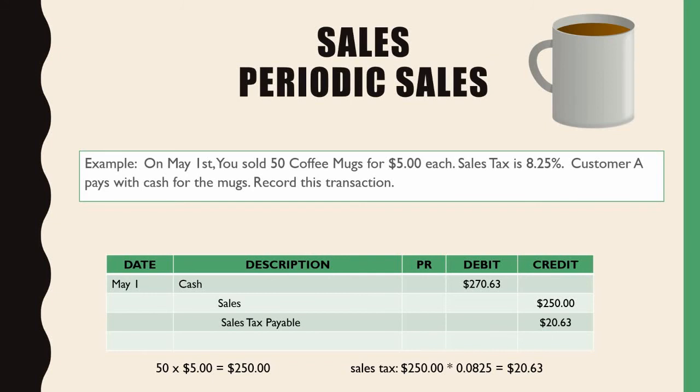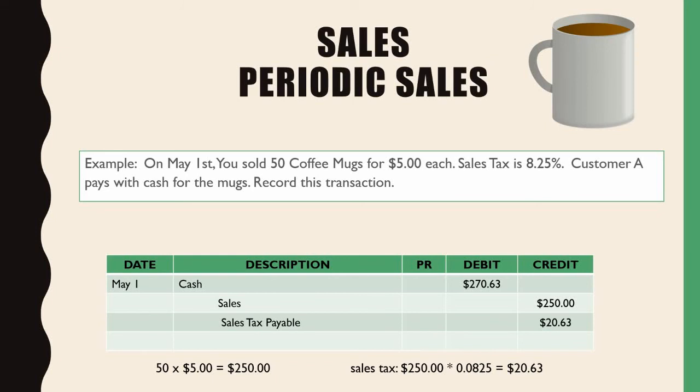All right. So here I have the calculations. We multiply the number of units that we sold and charge the sales tax for it, which gives us a total of $20.63. And yes, you need to round it because we're dealing with real money now.